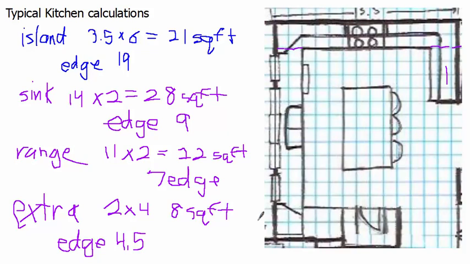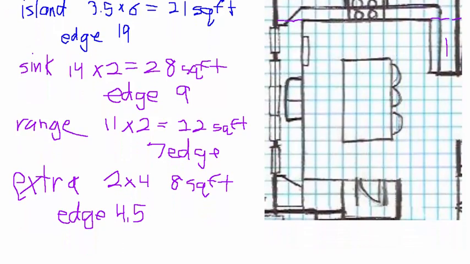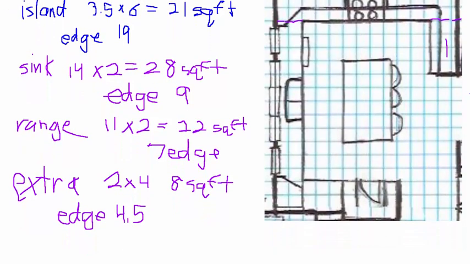Notice how we broke it into parts. Now, if I want to do a total for the kitchen, I can do different types of materials or I can do the whole thing together. In this case, I'm going to do the total. And for the total, I'm going to add these guys up. I have 21, 28, 22, and 8.